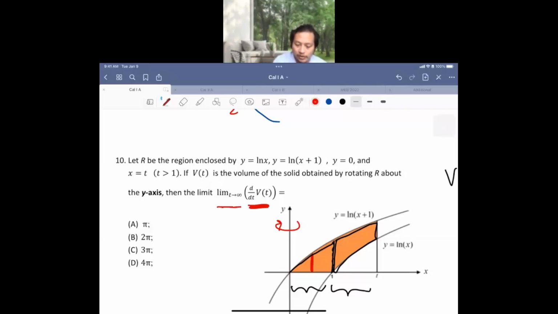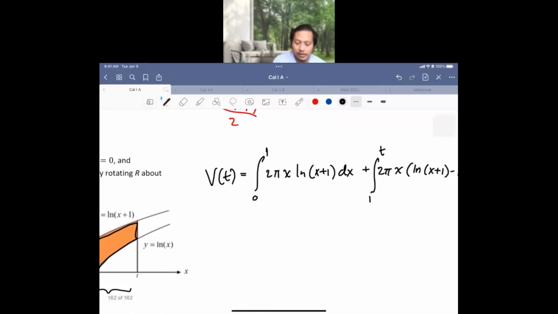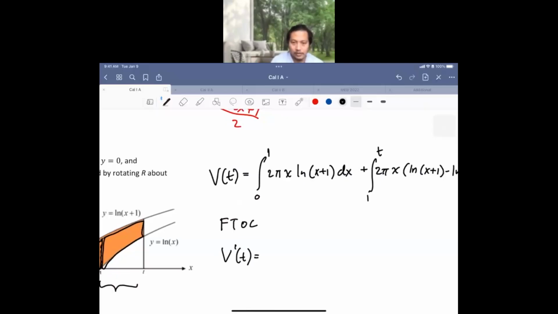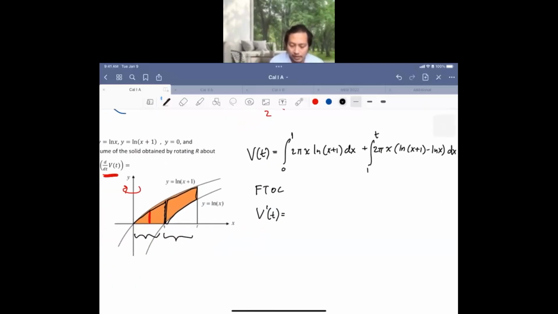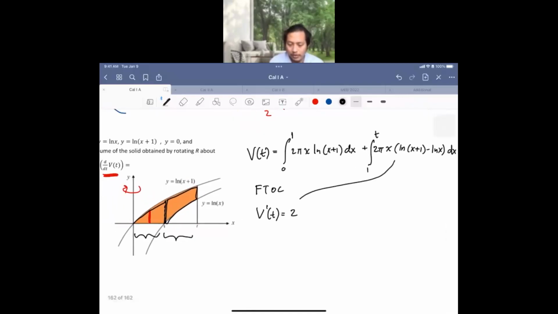So what we are going to do is first take the derivative by the fundamental theorem of calculus. So it's actually a combination from several topics. Take derivatives, and for the 1 and t, we could take this because this will result in 0 by the fundamental theorem of calculus.